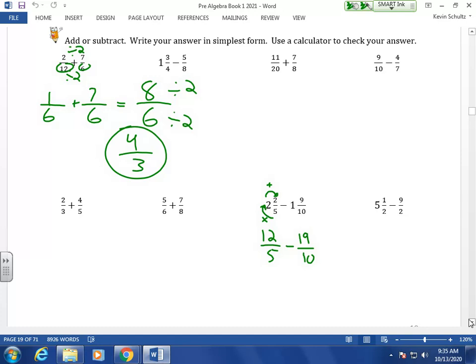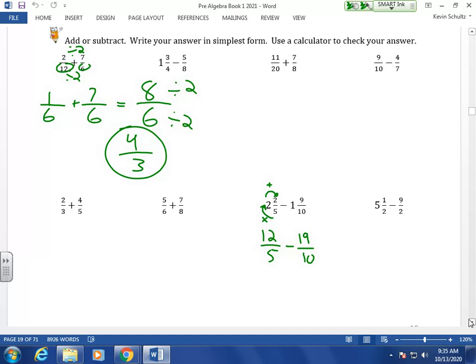You've probably heard the phrase least common denominator before. That goes hand in hand with CO7, what we did the last unit, least common multiple. What's the least common multiple of 5 and 10? I'm going to give other people a chance. Thank you for always wanting to participate. But what's the least common multiple of 5 and 10?